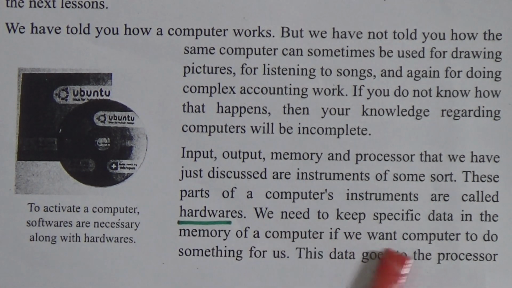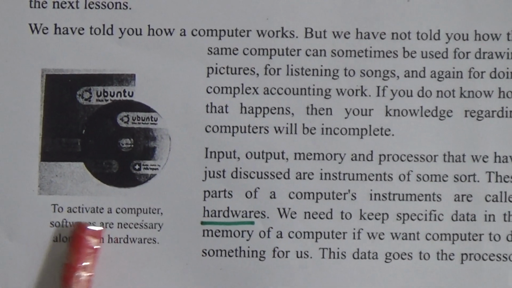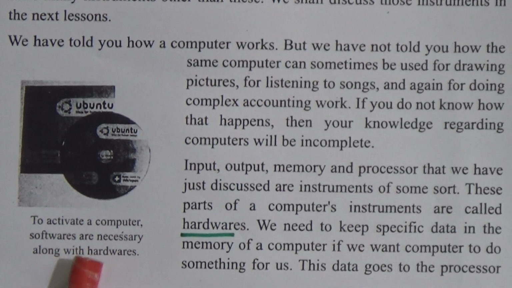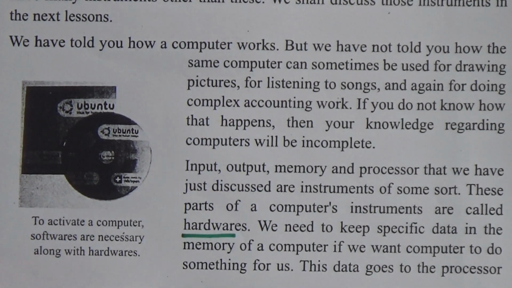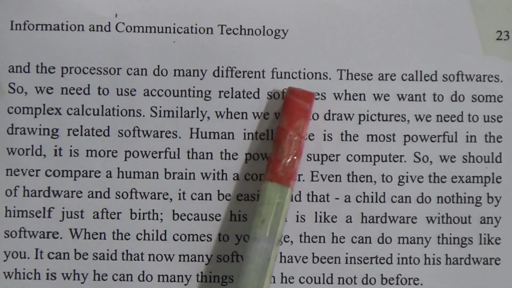We need to keep specific data in the memory of a computer if we want the computer to do something for us. This data goes to the processor, and the processor can do many different functions.